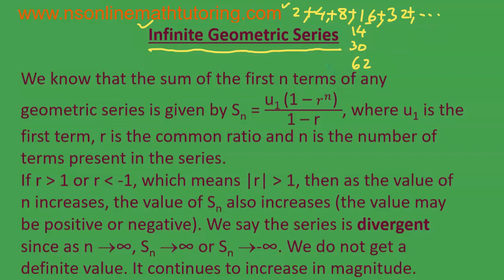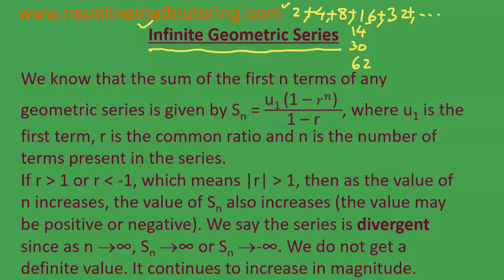Okay. And we know the formula for getting the sum total of the first n terms of a finite geometric series. So I will be applying this. Of course, this is not a finite geometric series, but I'll be taking, say, the first 100 terms or first 1000 terms, and I'll be seeing how the sum total varies.